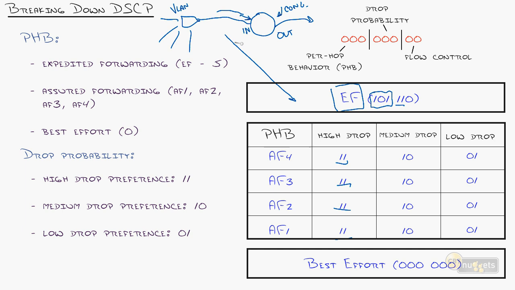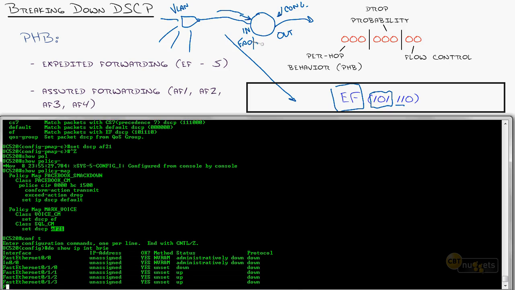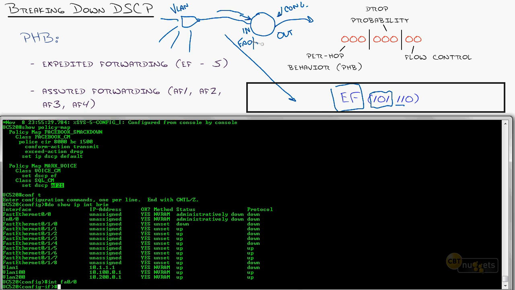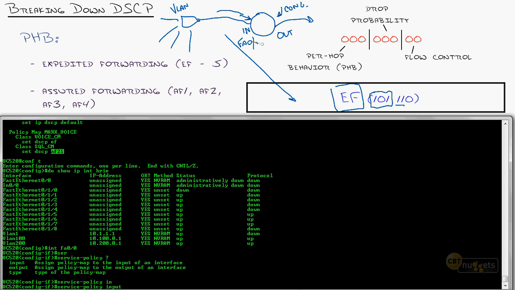So I'm going to go on this router. Let's just say, for grins, this is FastEthernet 0/1, don't even know if I have that interface. Hang on. No, I really meant this is FastEthernet 0/0. Let's go into FastEthernet 0/0, and I'll do a service policy input. So as it's coming in the router, be the router, it's coming into you on your interface.